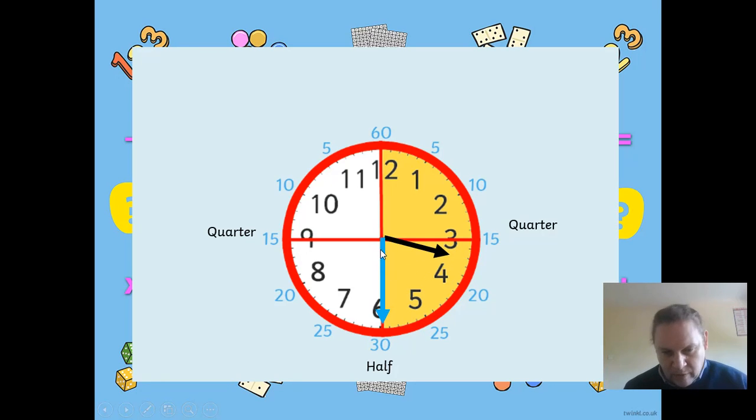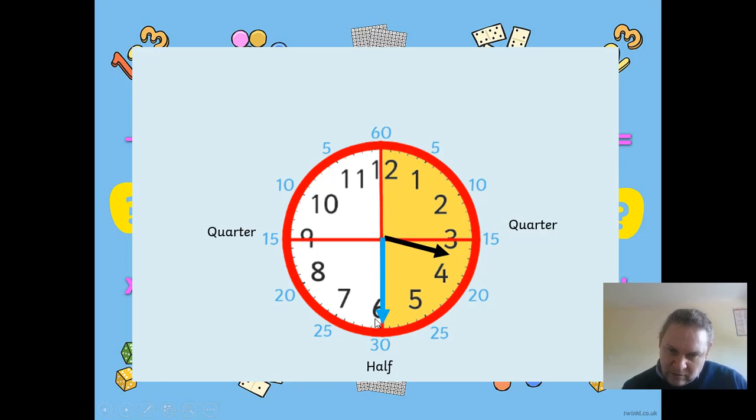Okay. So we know it's half past when we've got the minute hand pointing to the 6. Then we see with the hour hand, where is it half past? It's half past 3 on this occasion. Okay. So the hour hand is halfway past the 3 on its way to the 4. All right. It's directly in between those two at the moment.